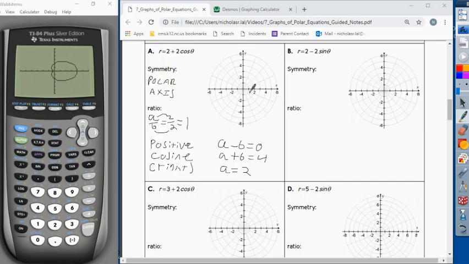So, graphing it, we look at our values. a plus b is 4. So we're going to go 4 in this direction. Then we're going to go up 2 and down 2 on the y-axis. So we're going to have a point at (4, 0), a point at (0, 2), and a point at (0, negative 2).